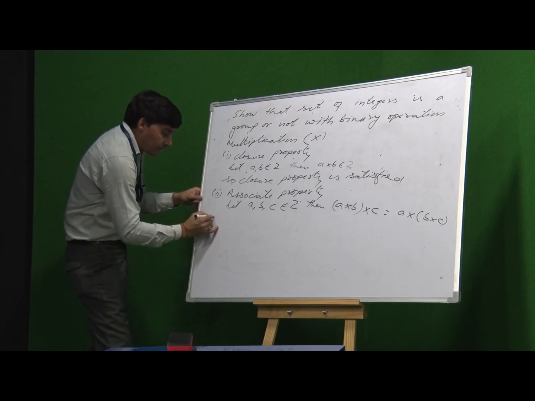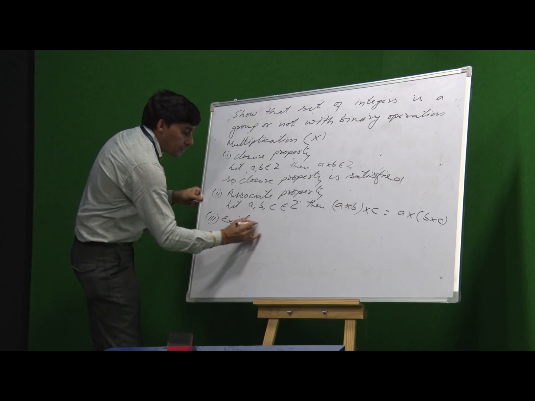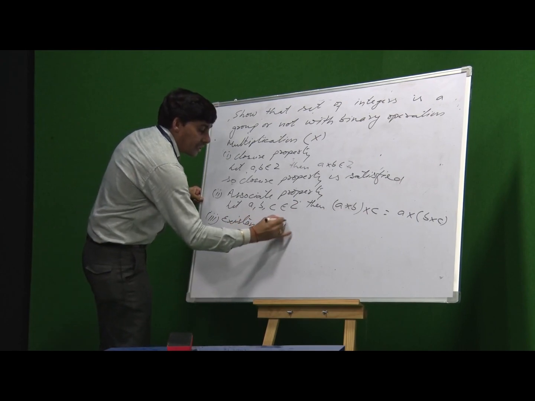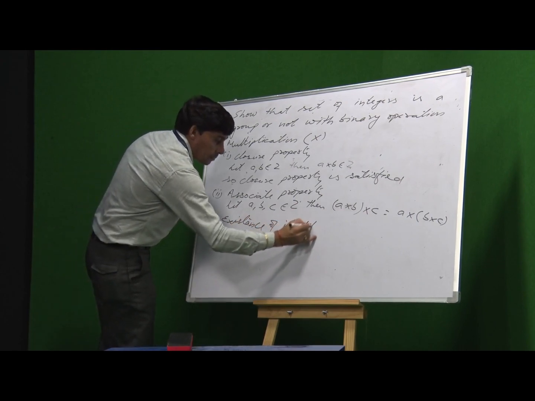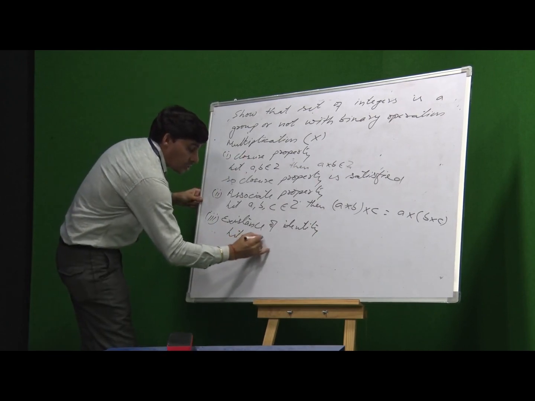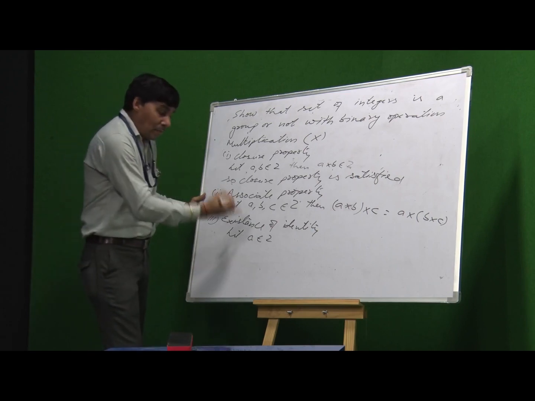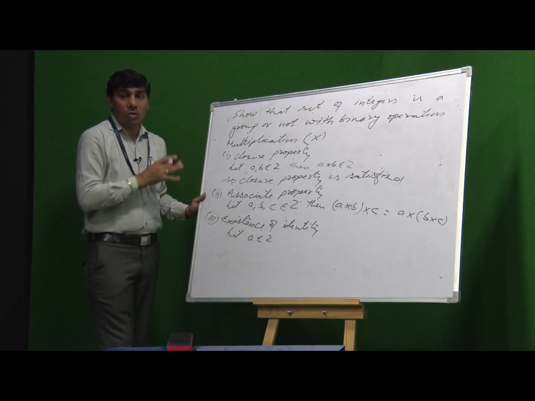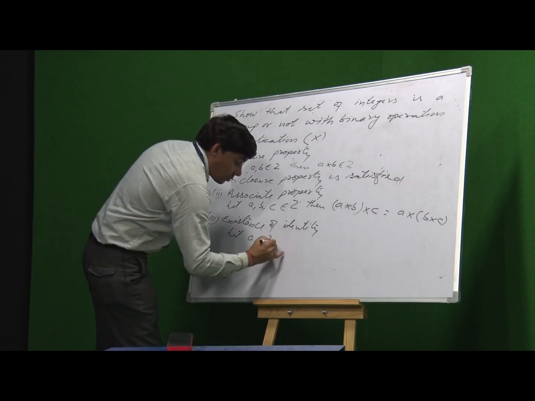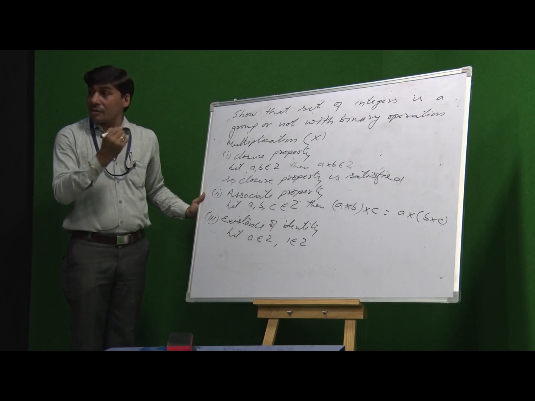The third one, existence of identity. Let A belong to Z. A is an integer. It may be positive, it may be negative, or it may be 0. We know 1 also belongs to Z. 1 is an integer.